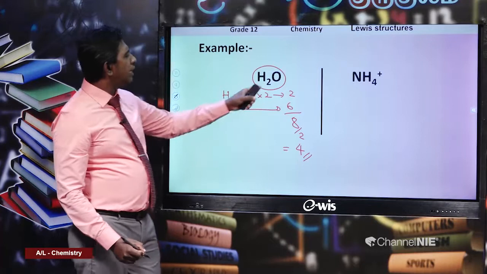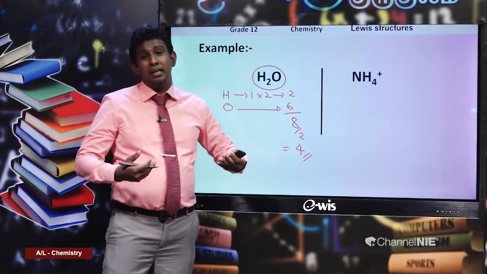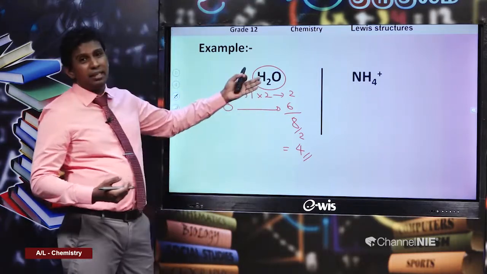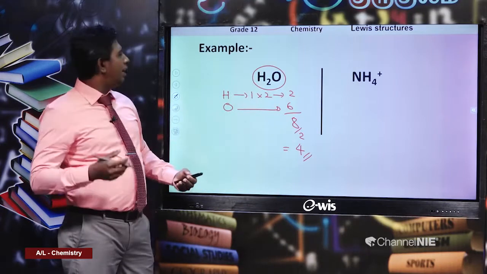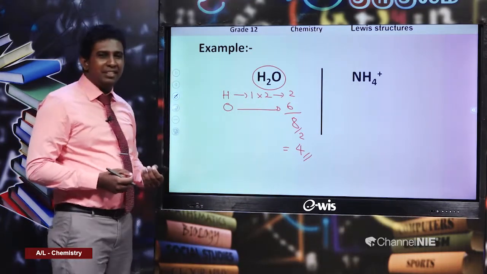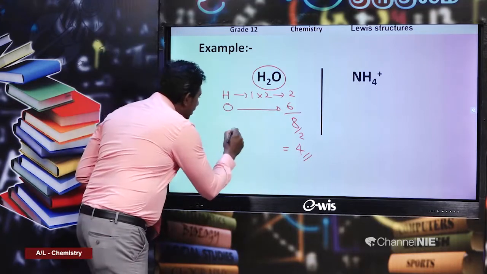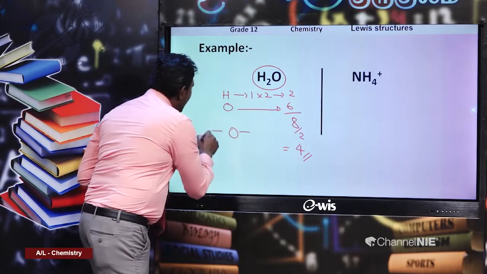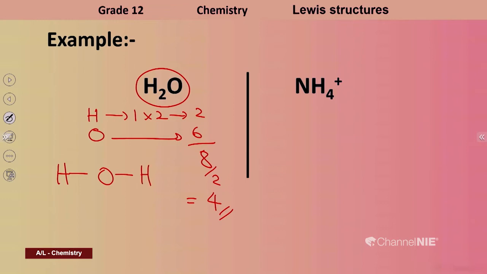Though oxygen doesn't have the least electronegativity, hydrogen forms only one bond. Therefore there is no chance for hydrogen to be the central atom; it's the oxygen. This is the skeleton.